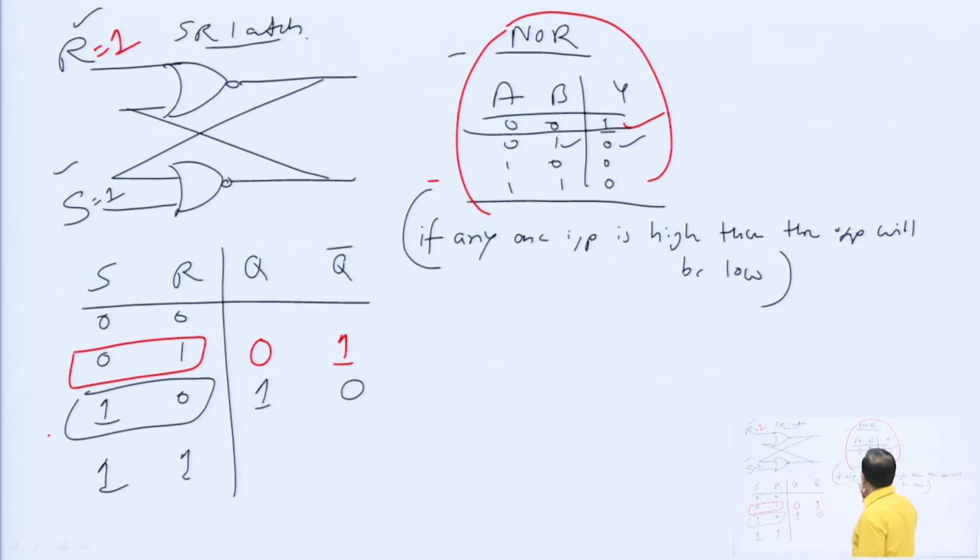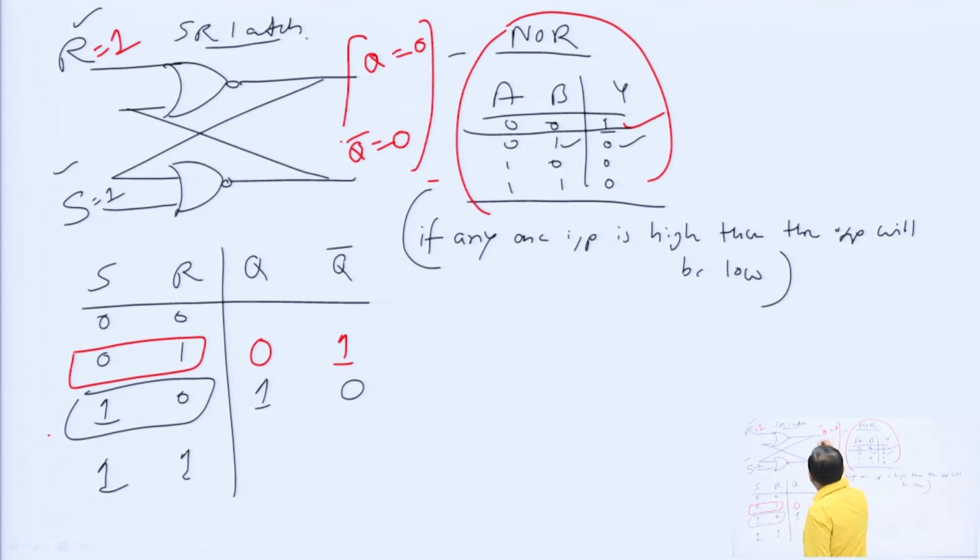So, by this rule, if any of the input is 1, the output of a NOR gate will be 0. So, Q will be also 0 and Q bar will be also 0, but is it correct? No, Q and Q bar cannot be the same, right, it is against the complement rule. So, here this case is invalid.